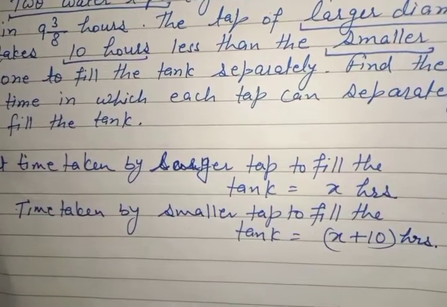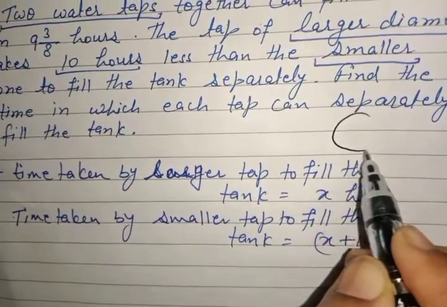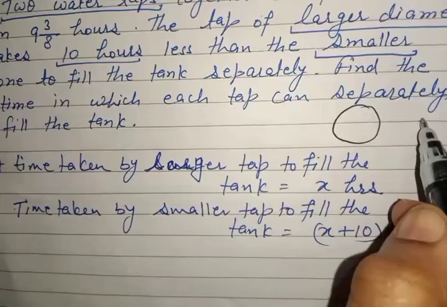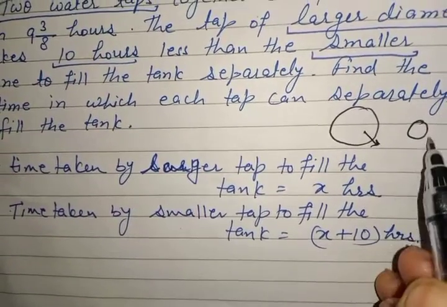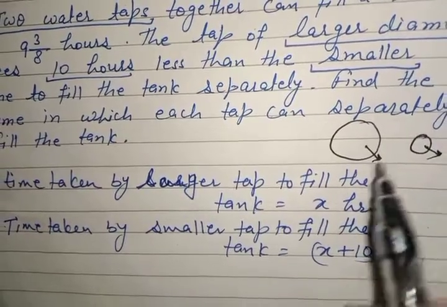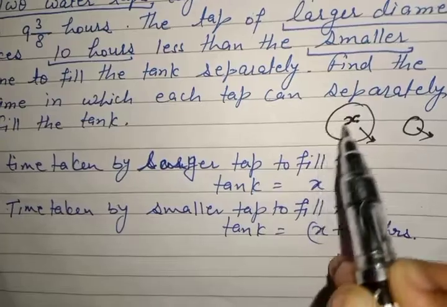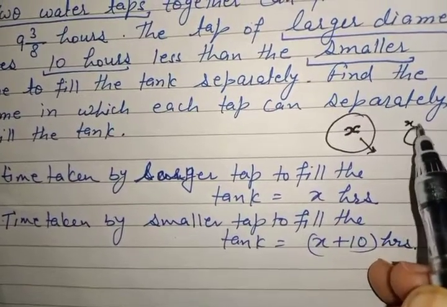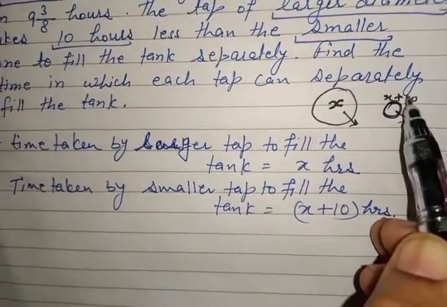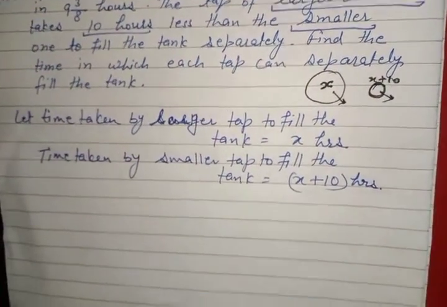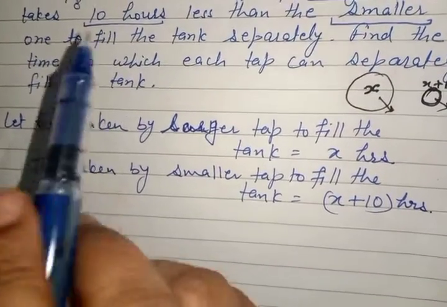If the diameter of the tap is bigger, it will fill early, and if the tap is smaller, it will fill later. So if the larger tap takes x hours to fill this tank, the smaller tap will take more time because it has a smaller diameter. I hope you understood this, that it is x plus 10 hours, and then the total time taken together.